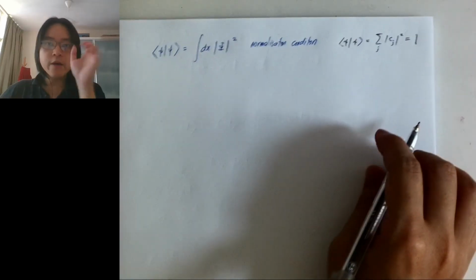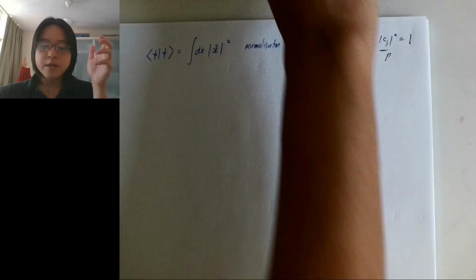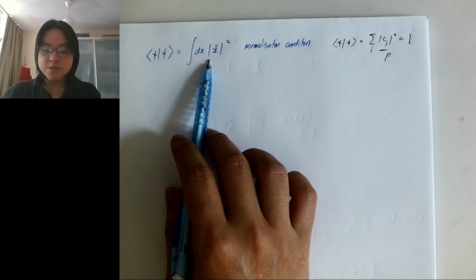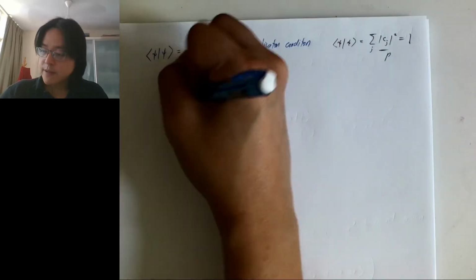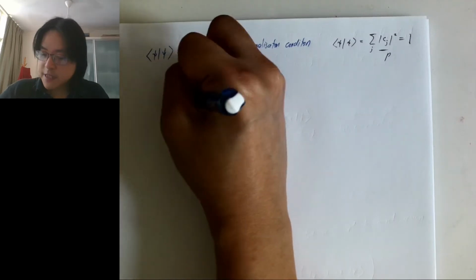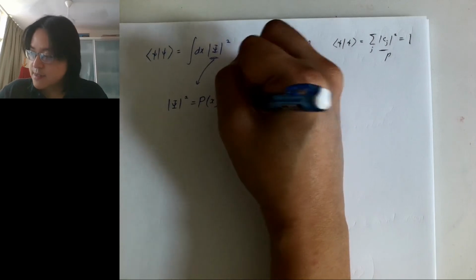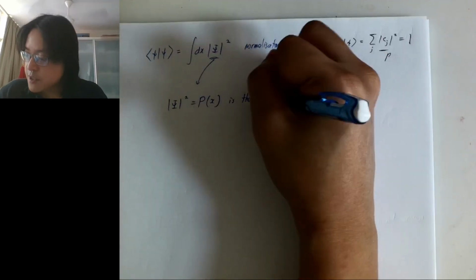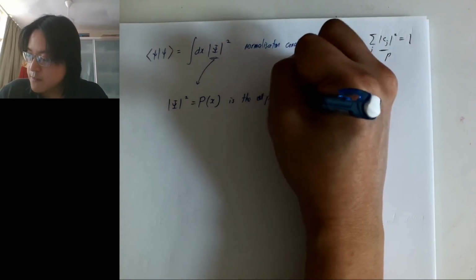So when we were talking about the discrete case, this will take the interpretation of the probability. It will be the same story here, right? The absolute value squared of the wave function itself is going to be, I'll just call this p(x), the probability distribution function.